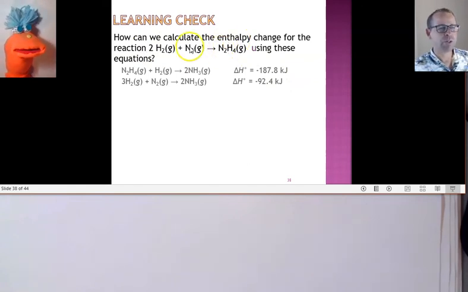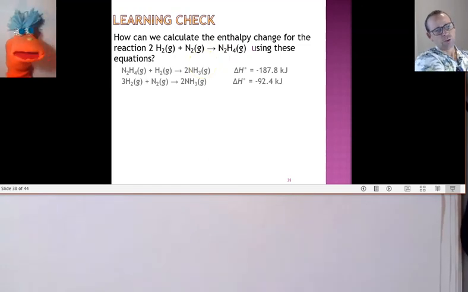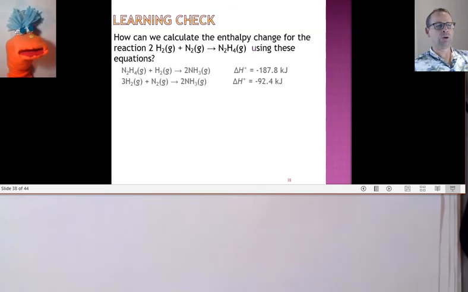And what we do is we look at this chemical reaction here and think about how can we add these two together in such a way that we result in this chemical reaction. You see anything? Those two chemical reactions on the bottom, we need to add them together to get the top one? Yeah. Well, you can't do that because the N2H4 is on the wrong side.